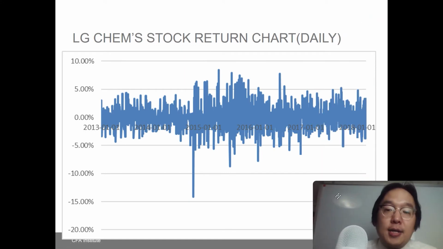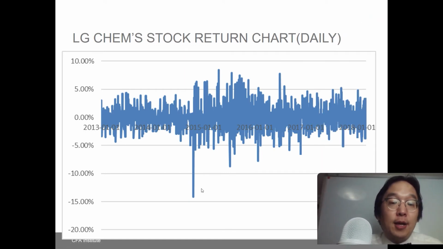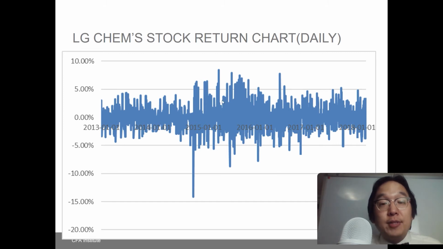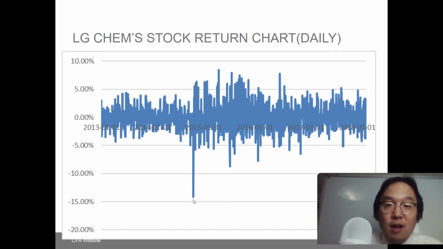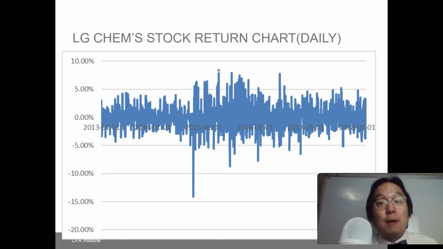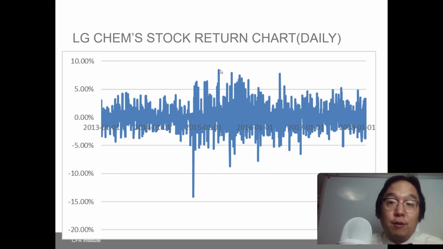Here's a contrast. LG Chemical, right? Typically their daily return is in the range of plus and minus 2% or less. Of course, there are some days they lost 15%. Oh my God. Or they had about a 10% plus return on some days, right? But usually their return is less volatile.